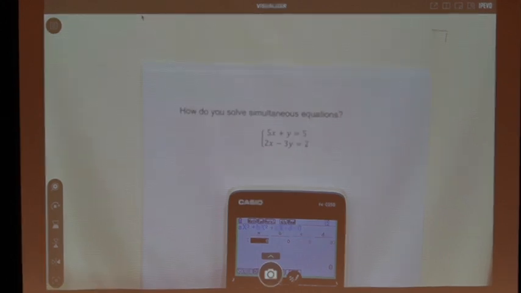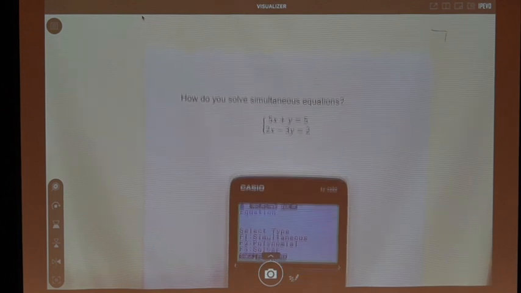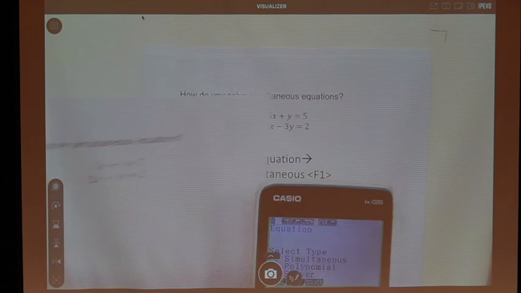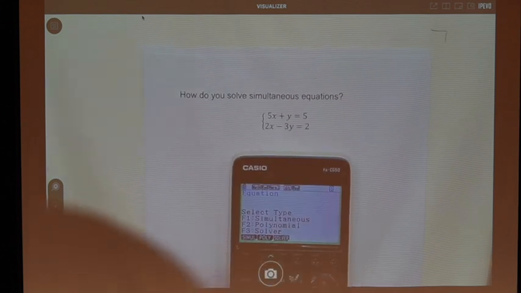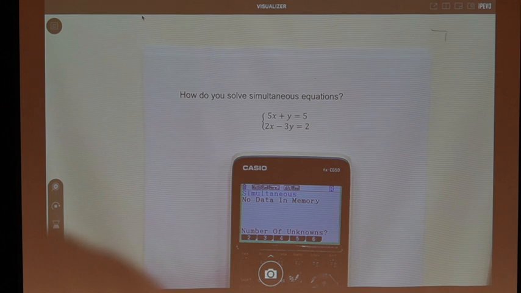When you are ready, we can solve this simultaneous equation, by hand or by graph. So this time it is 2 equations, so it's a simultaneous equation.